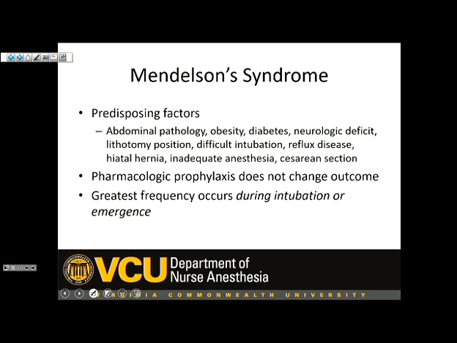Inadequate anesthesia. So we have a person who is not necessarily asleep, not necessarily awake. What goes on in that situation? All of their airway reflexes, your esophageal sphincter tone, etc. It's all wonky. So things are just not protected. You want to have them totally awake or totally asleep, not in that in-between.